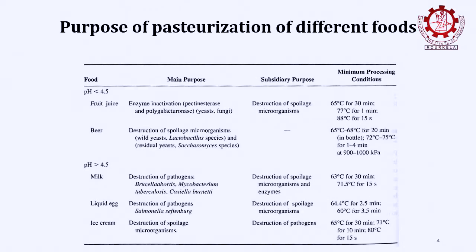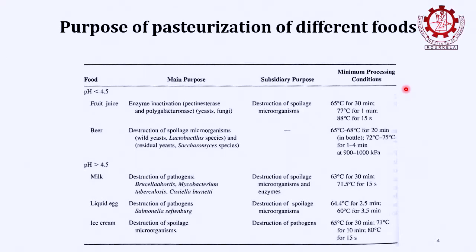This is a slide showing you a low acid product and a high acid product. This is a high acid product such as beer and fruit juices, and the other is a low acid, high pH product. The purpose for pasteurization is different, and the secondary purposes are also different. The minimal process conditions listed in this table are different, because based on that, certain processes are developed.